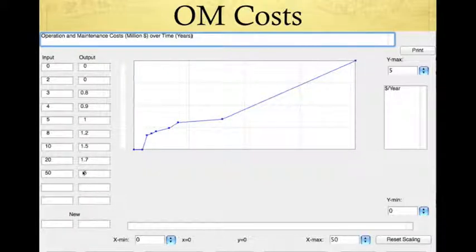But after about 5 years, actually it looks like it starts accruing cost a little bit earlier than that, you start building up costs over time. And of course, the longer you go into the future, the more expensive the infrastructure is to operate. And these are millions of dollars again.